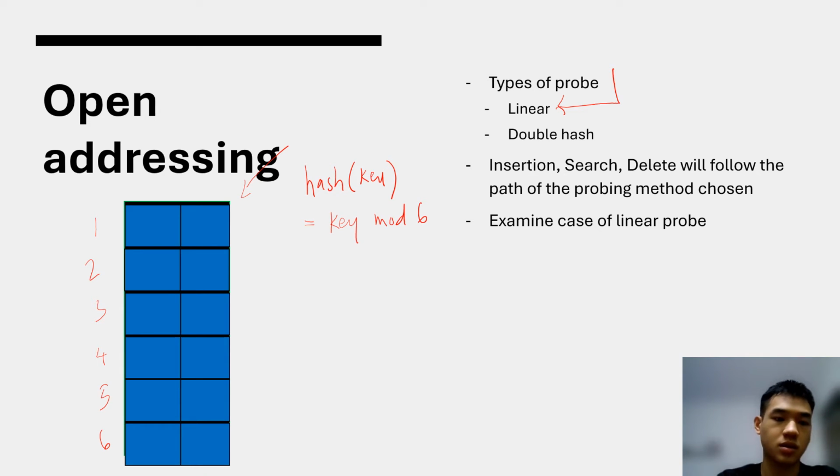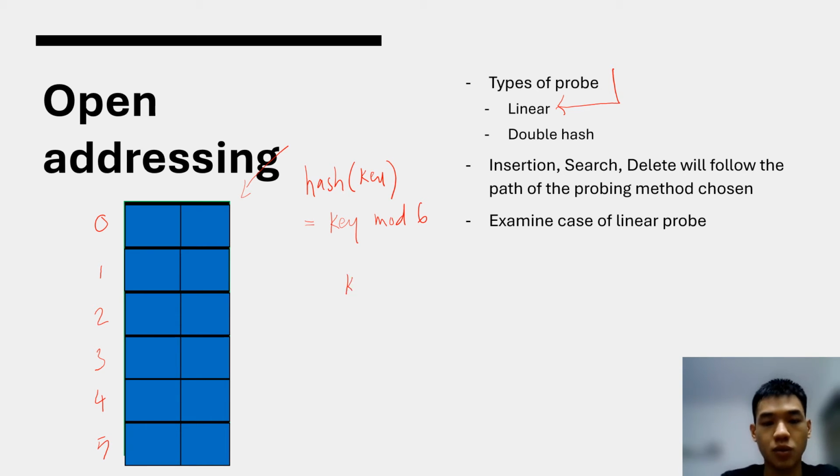You start from index 0, 1, 2, 3, 4, 5. I will step through the whole idea, starting with insertion, search, and then delete, and we will examine how linear probing will work.